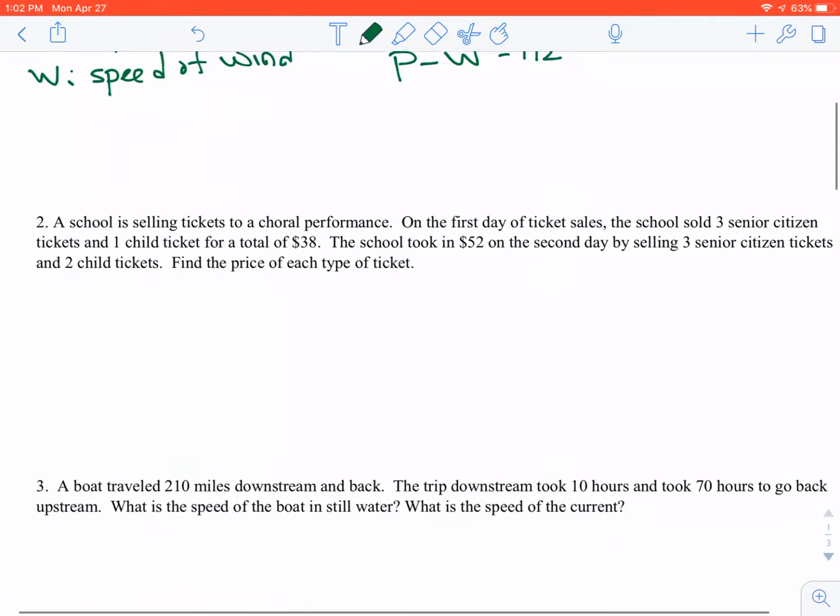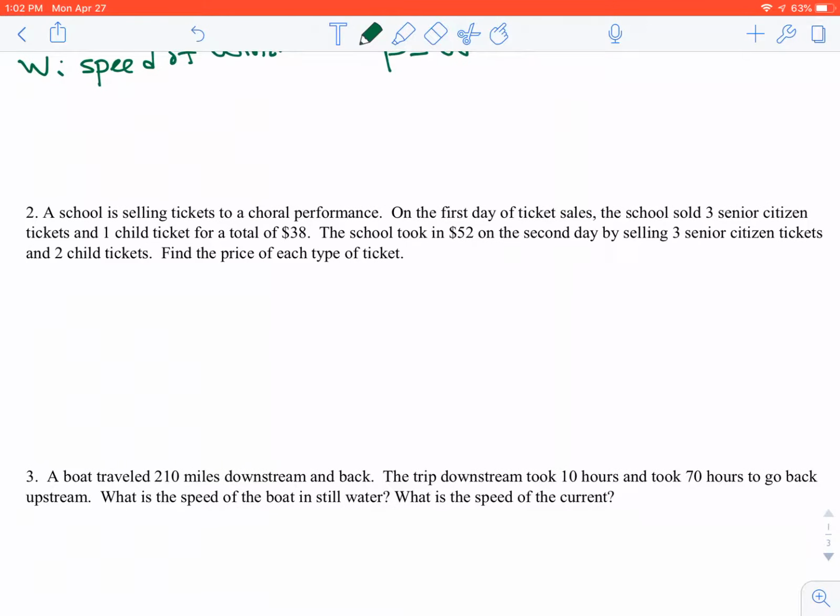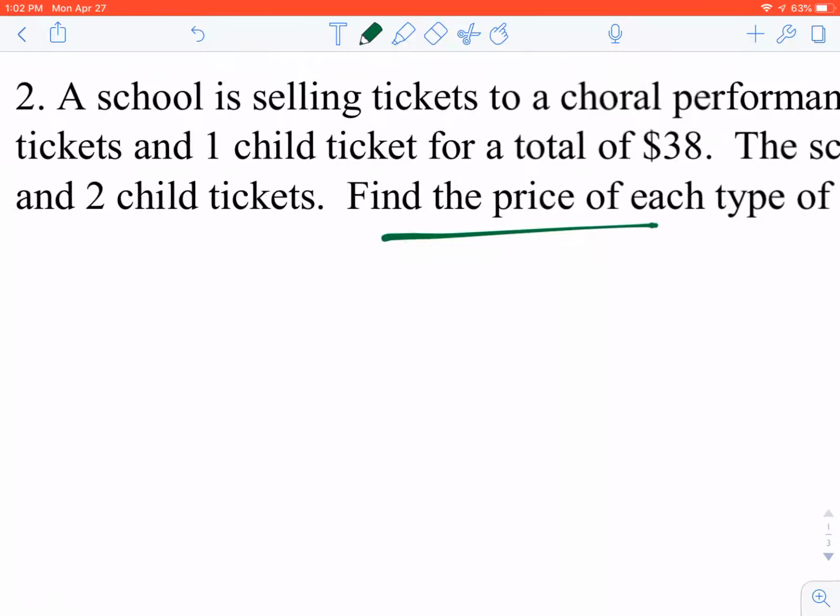All right, so number 2, a school is selling tickets to a choral performance. First day, the school took in $38 by selling 3 senior citizen tickets and 1 child ticket. And the school took in $52 on the second day by selling 3 senior citizen tickets and 2 child tickets. Find the price of each type of ticket. Okay, so that's what I'm looking for, the price of each type of ticket.